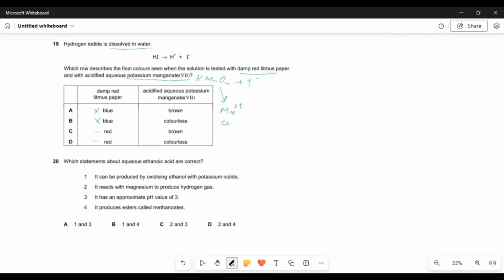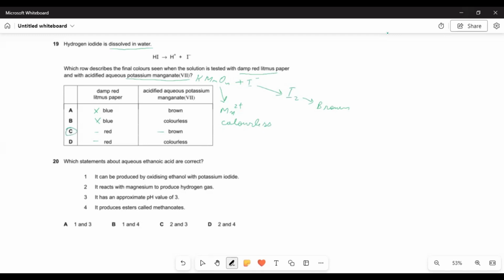So ultimately they are colorless. But on the other hand, when iodide is oxidized, it produces I2, which gives ultimately brown color. So in this condition, it will be converted into brown. So the correct option is C.